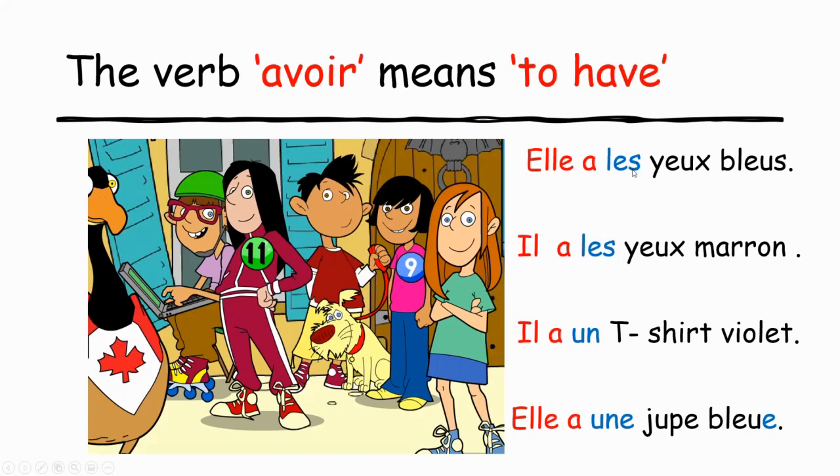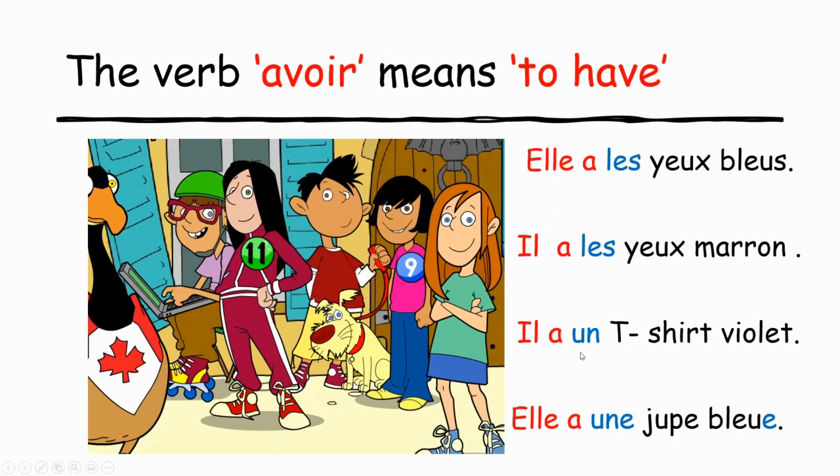Sometimes we've said that we can be a bit lazy in French, haven't we? And you don't need to pronounce that last letter. So les tells us it's more than one. So when we look at the next word, yeux, les yeux, it means that we're talking about eyes, and we've all got two pairs of eyes.